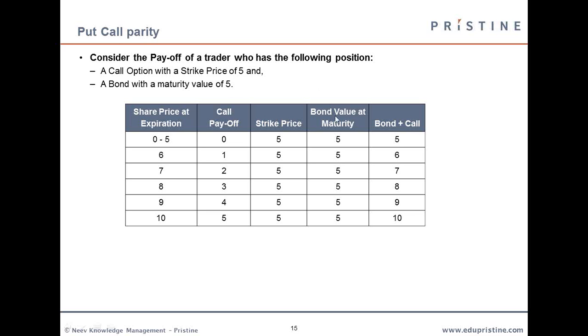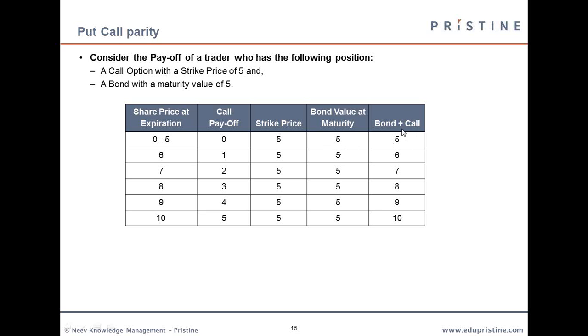So in that case, the payoff to this person, if the price of the stock at expiration is less than 5, he won't execute the call, so the call payoff will be 0, and he'll anyway get constant 5 rupees or $5 from the bond.